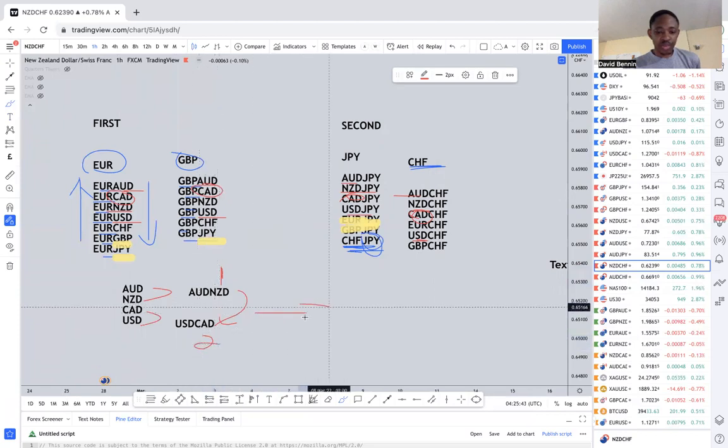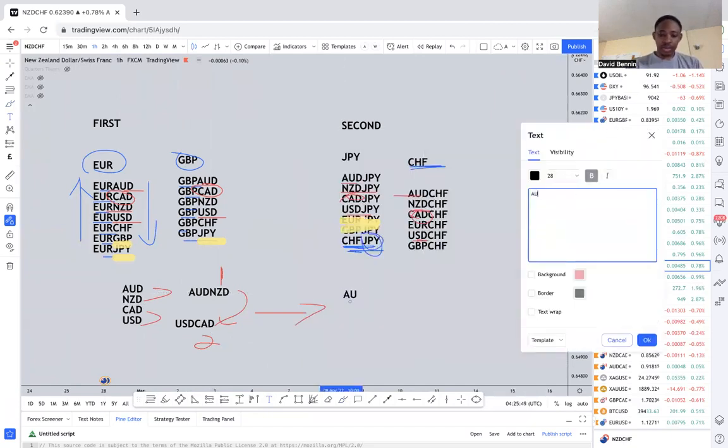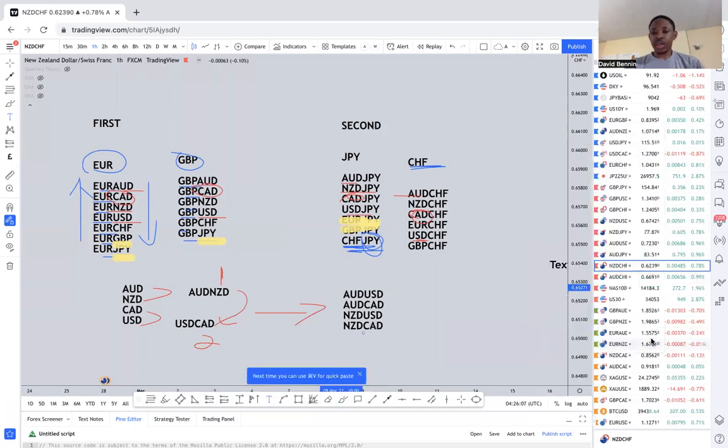So it means you have something like this: Australia, USD, Australia, Canadian. We have New Zealand, USD, and then New Zealand. So this is all the arrangement that you have.